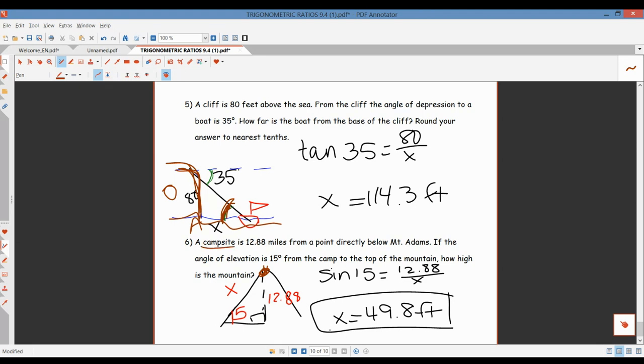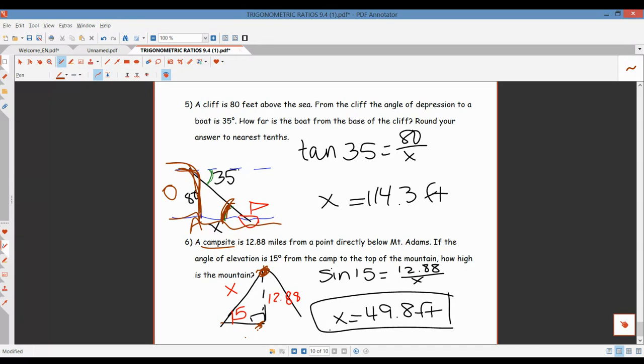And directly below it is the mountain. All right, so you can see that here I have sine 15 equals 12.88 over x, and x equals 49.8 feet.